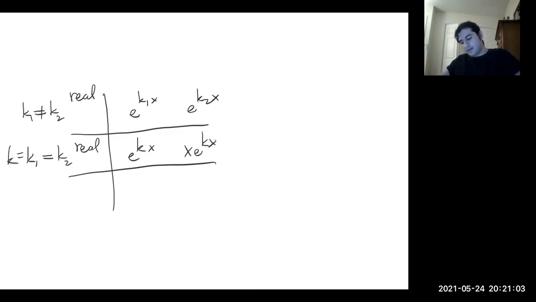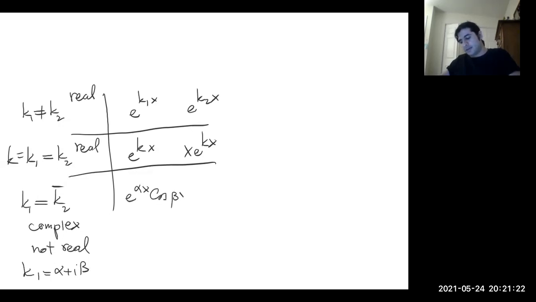And if they are different, actually conjugate of each other, but not real, complex, the solutions are, well, if we write this K1 as alpha plus I beta, e to the alpha x cosine of beta x and e to the alpha x sine of beta x. These are all the solutions we have.